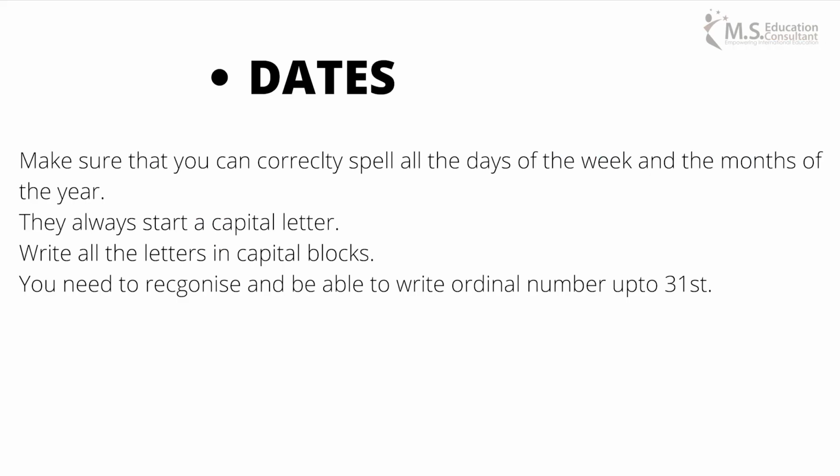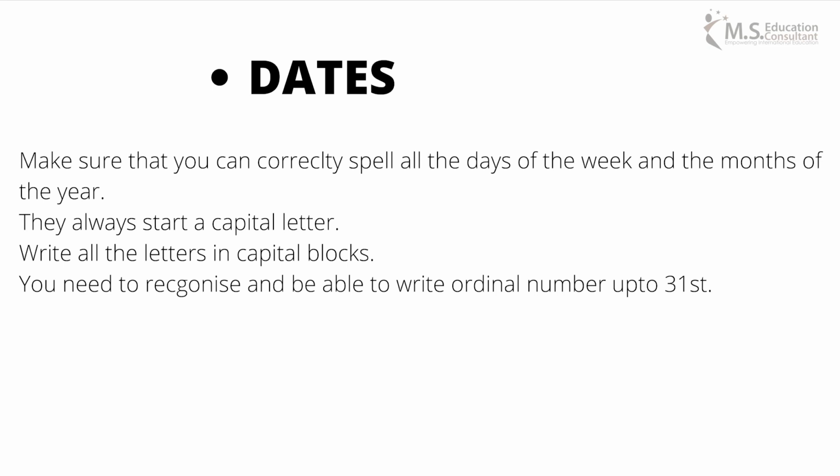Then come the dates. One of the biggest challenges with dates is their spelling. Make sure that you can correctly spell all the days of the week and the months of the year. They always start with a capital letter. If you forget this and use all lowercase letters, your answer will be marked as incorrect.